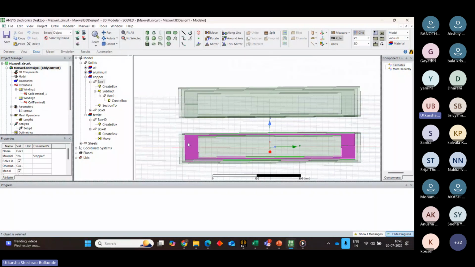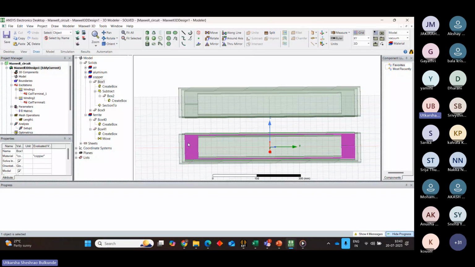So if I change my coil from 400 to 420, then again I have to change the size of ferrite and aluminum if I don't parameterize it with respect to the dimension of the coil.